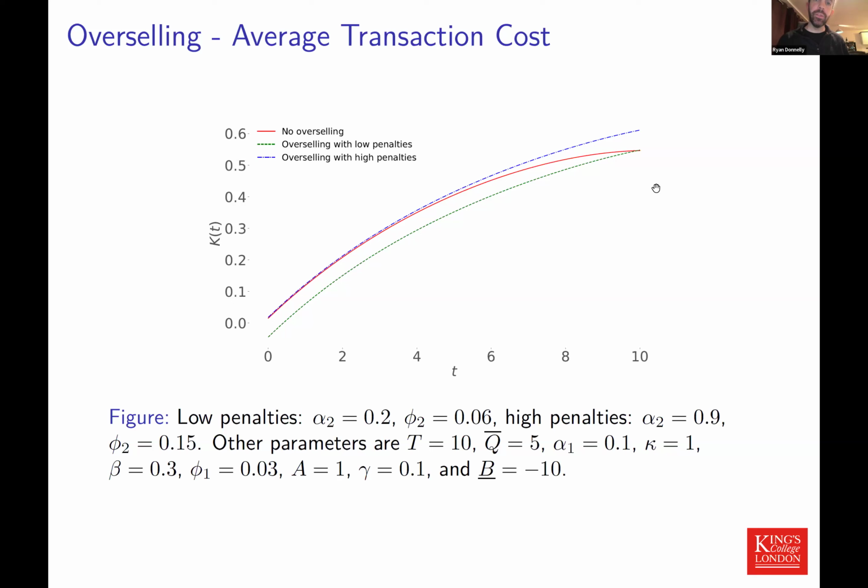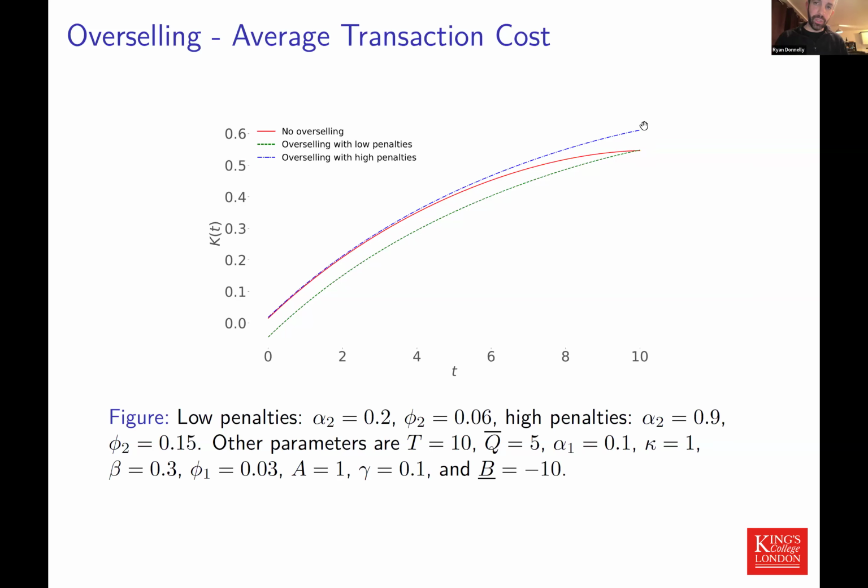The thing that's interesting here is especially the terminal value. The red curve represents the situation when overselling is not allowed. The dotted green curve represents the situation where overselling is allowed and there's a low penalty. And the blue curve represents a high penalty to overselling.